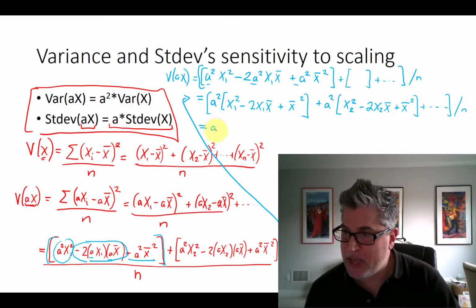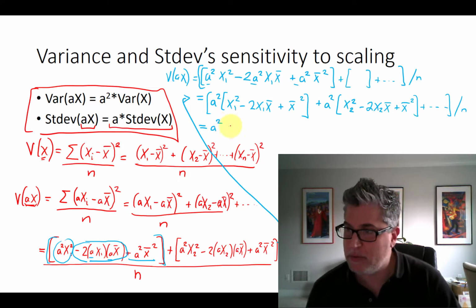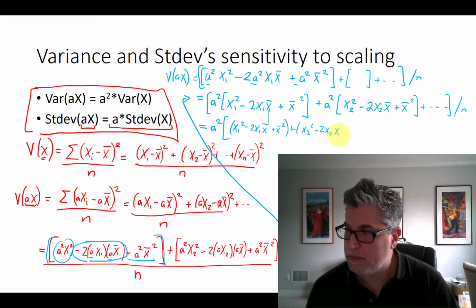So now I have a squared, I've got this term, my second term, and so forth.